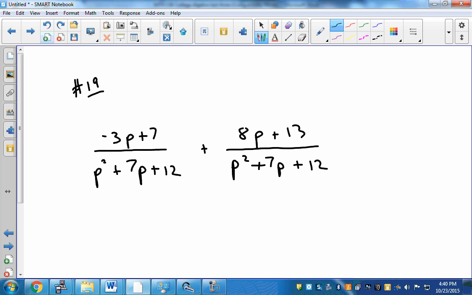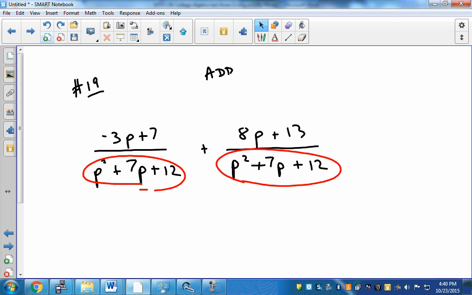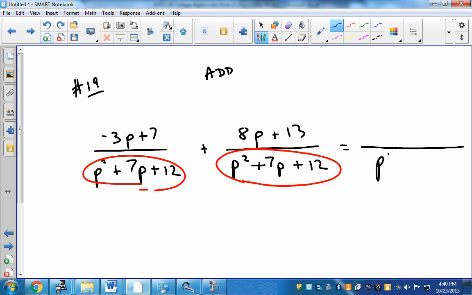Now notice the directions say add, and when we look at the 2 fractions, the denominators are exactly the same. They already have a common denominator. So you can simply write down that the answer is going to have p squared plus 7p plus 12, and up top we're just simply going to add these up.